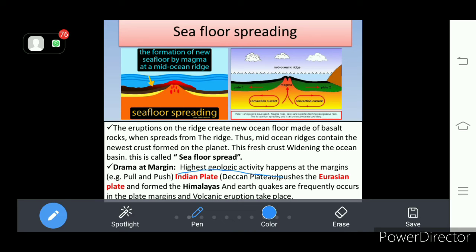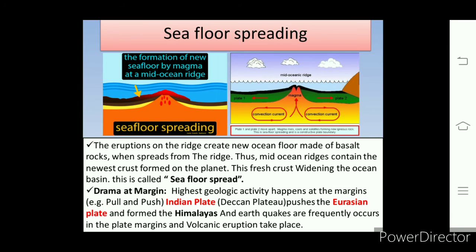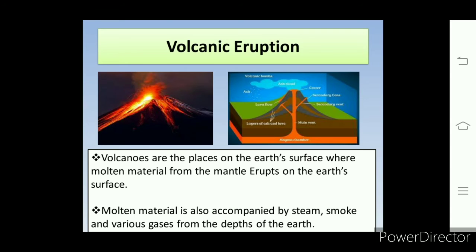So the youngest folded mountains, the Himalayas, formed due to the plate movements. Understand? The movement of the plates is what we call plate tectonic movements. So the highest geologic activity we find at the plate boundaries, and volcanic eruption also takes place at the plate boundaries.